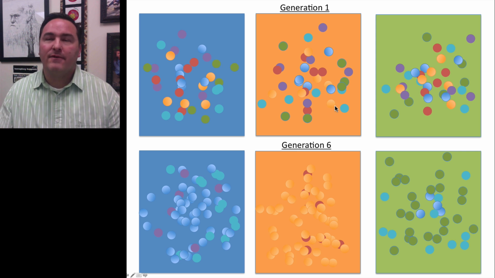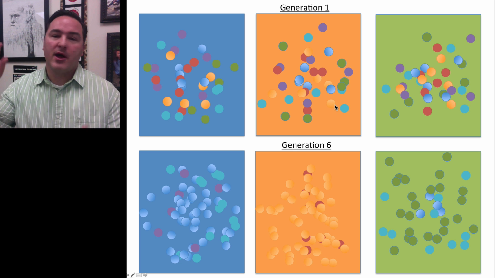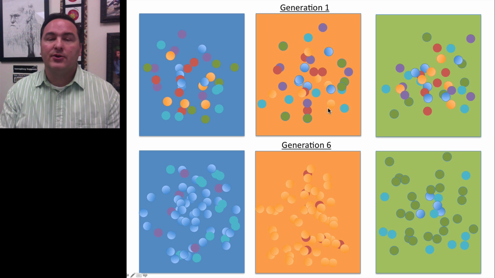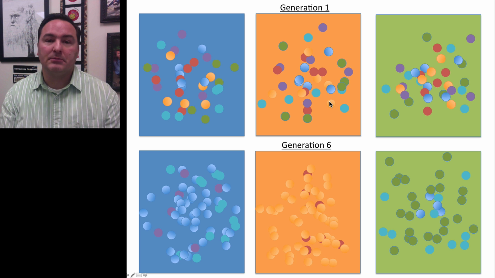Then all that you are is you show that to the environment, and if there's a predator or any type of selective pressure at all, you either have an advantage or a disadvantage relative to other individuals in the population.